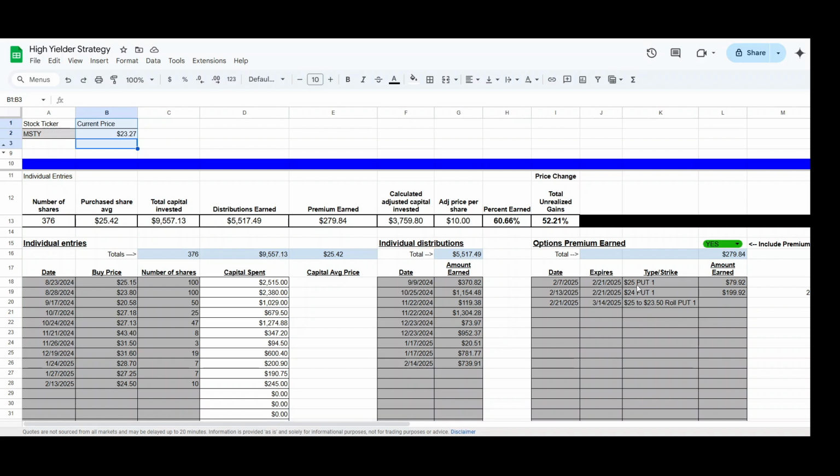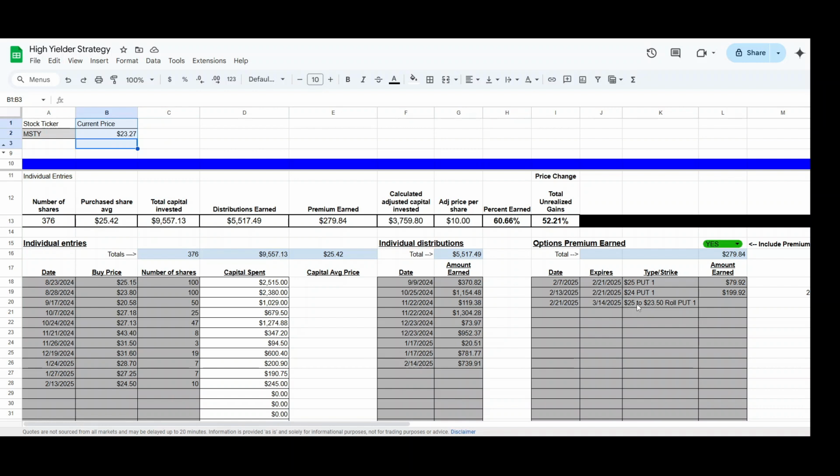What this means is I have now moved that contract out and down. That original contract was $25 and expired on 2/21, today. Instead, I took it down to $23.50 and moved that expiration out to March the 14th. Basically, what it did for me is that it put $1.50 back, and of course each contract is 100 shares, so that in essence put $150 back into my cash account, because going from the $25 gave me $1.50 times 100.